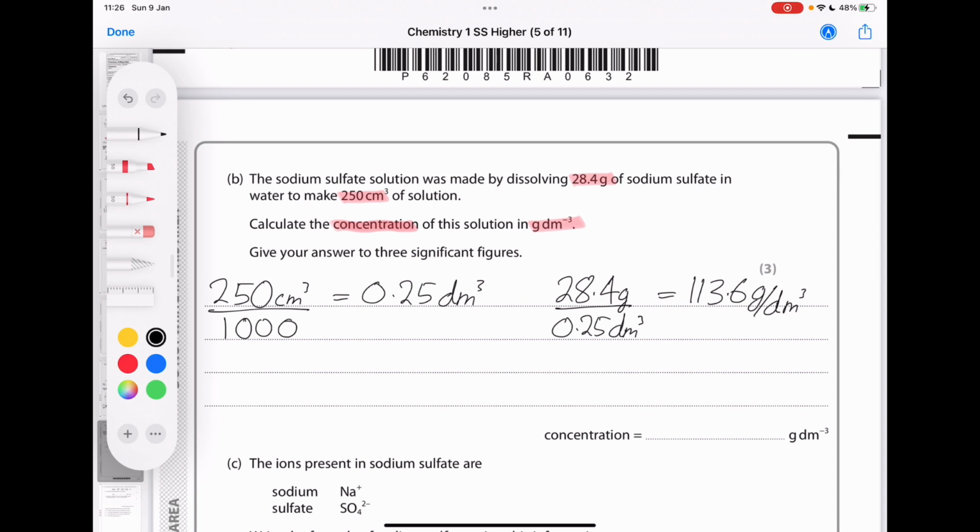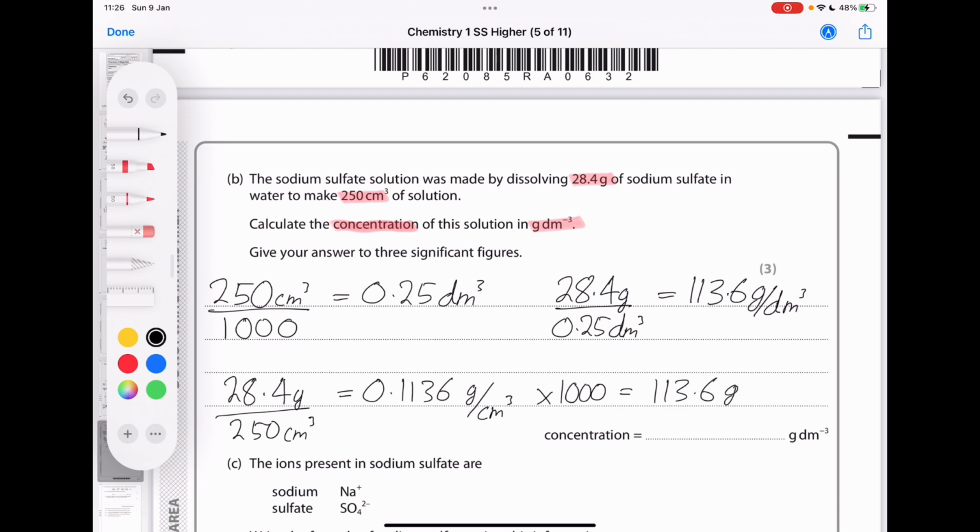Alternatively, I could do my 28.4 grams divided by 250 centimetres cubed, and that will give me an answer of 0.1136 grams per centimetre cubed, and I can then multiply that by 1000 to get 113.6 grams per decimetre cubed.